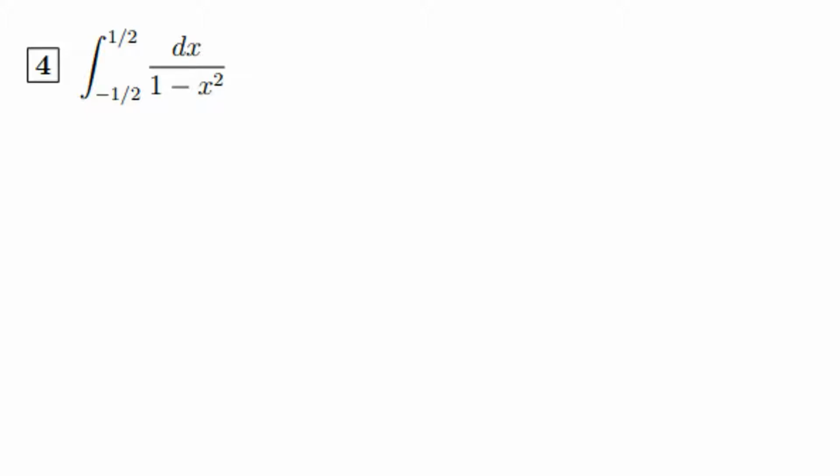I see a couple things right off the bat, and one is that it is an even function, and the bounds are symmetrical about the y-axis, which means we can simplify it like this: 2 times the integral from 0 to 1/2 of 1 over 1 minus x squared dx. And this is because of the properties of even functions.